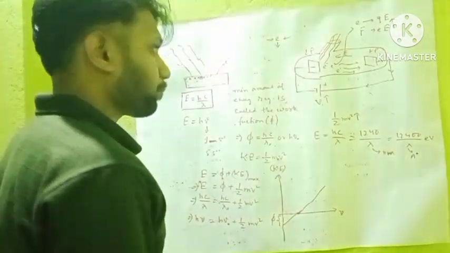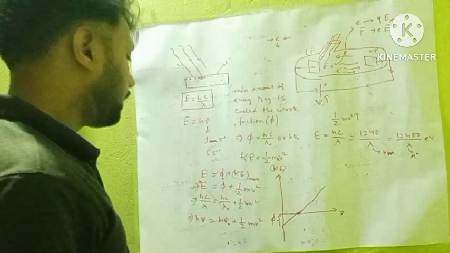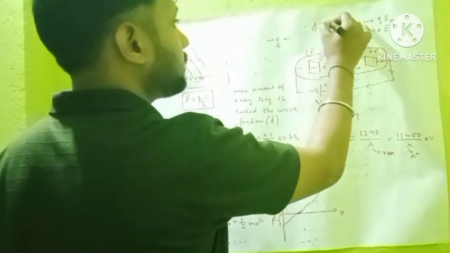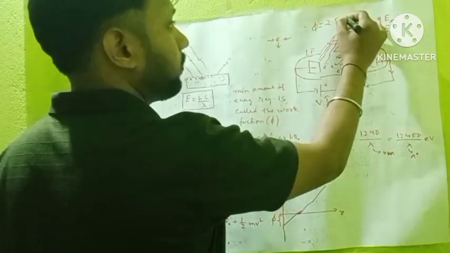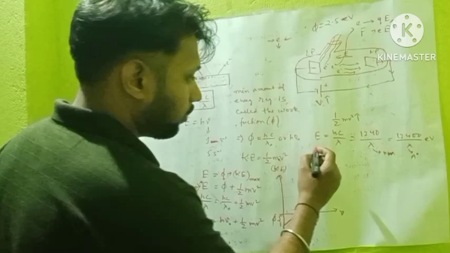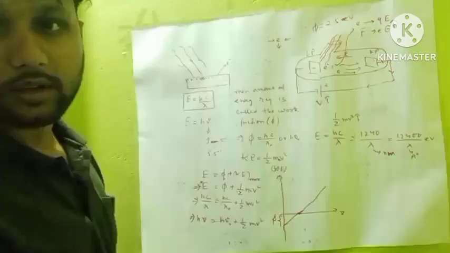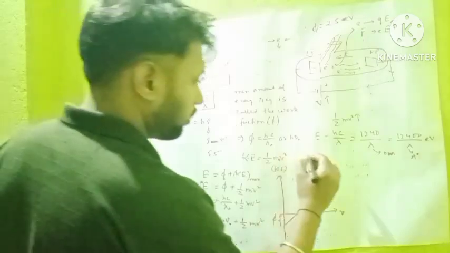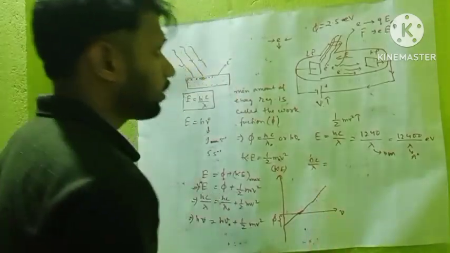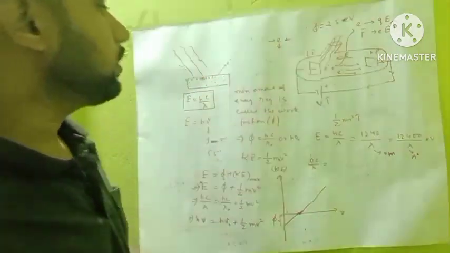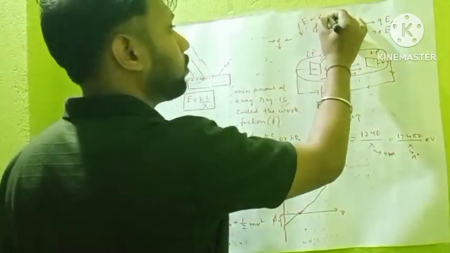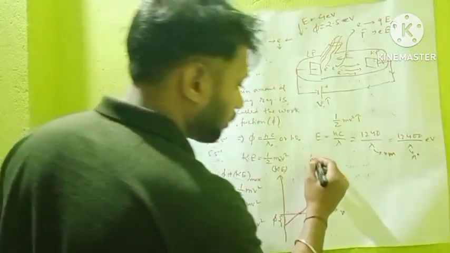Let me say the work function of this setup is 2.5 electron volt. Now tell me the maximum kinetic energy of the electron. hc by lambda is the applied energy, and if the applied energy is given as 4 electron volt, there is no need of hc by lambda.